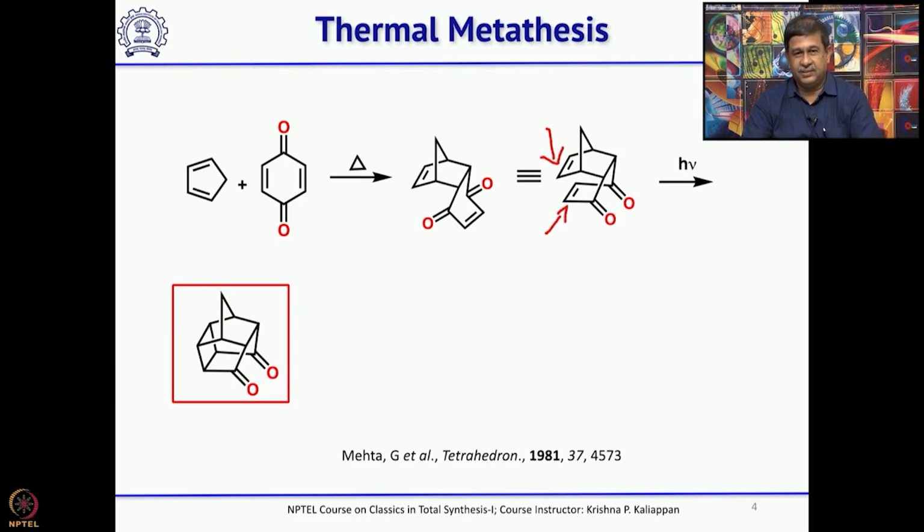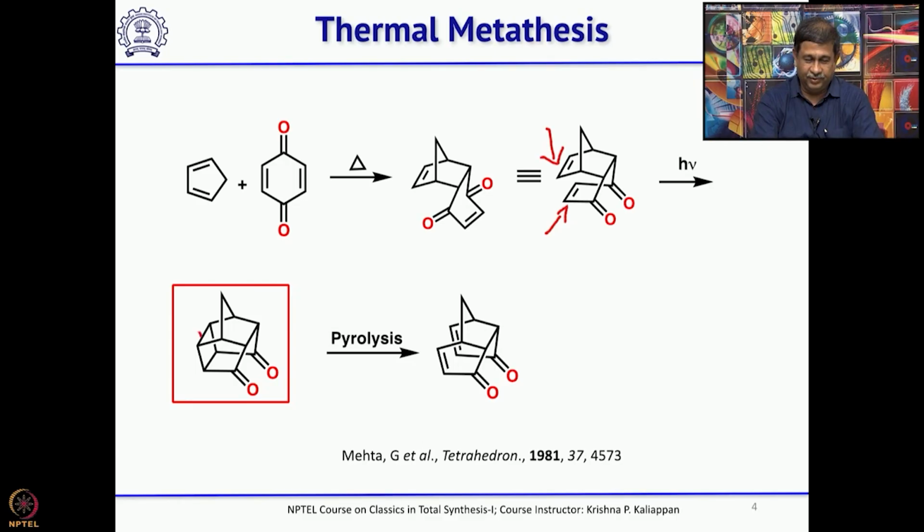But what is important was Mehta's group used this Cookson dione for a very important transformation, as I already mentioned, called thermal metathesis. This upon flash vacuum pyrolysis, if you heat it at 600 degrees, undergoes a retro 2+2. So, if you do like this, you will get this tricyclic diene dione.